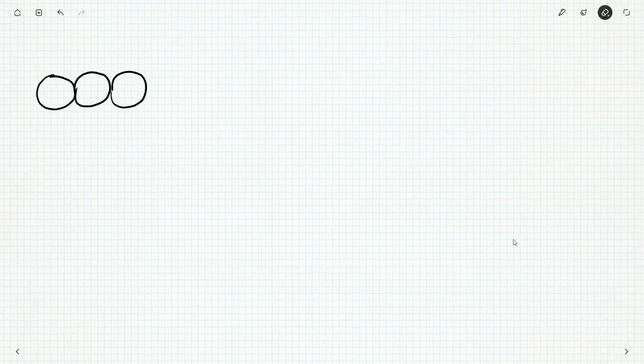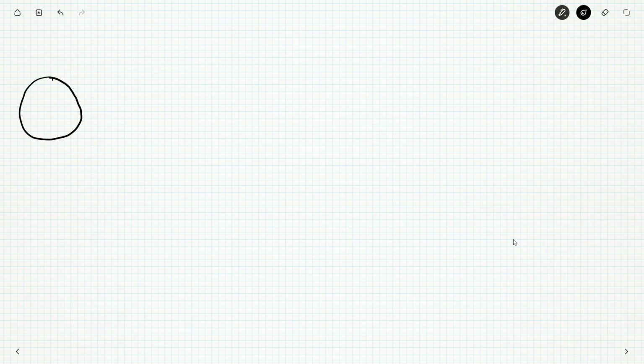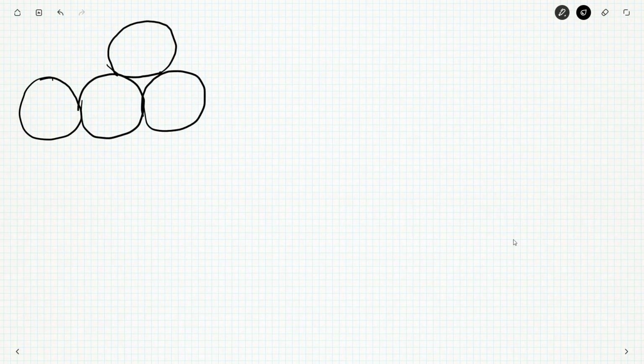We'll draw them a little bigger. And then P was tangent to both of these. Okay, that's actually not that bad in my opinion. P, Q, R, S. Okay.